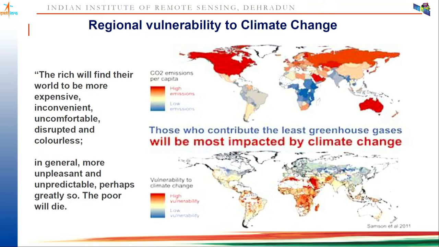Those countries which are developing countries are going to be affected more because of climate change. So we don't have that shock absorbing mechanism. We are still growing. We need to develop in terms of infrastructure and other things.